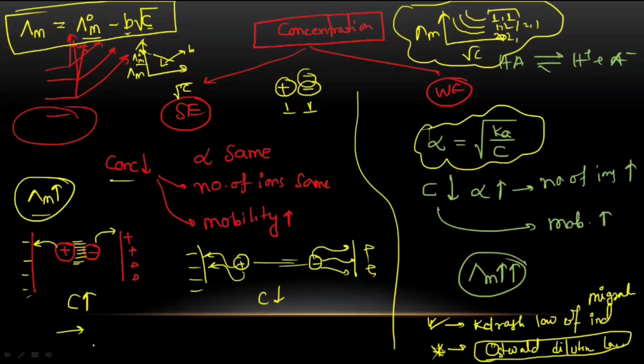Now there is also a theoretical background for strong electrolytes, which is very important and a part of higher studies: the Debye-Huckel-Onsager theory. We will discuss it in much detail, along with the Wien effect, the Debye-Falkenhagen effect and these things. These are very interesting and also very easy.